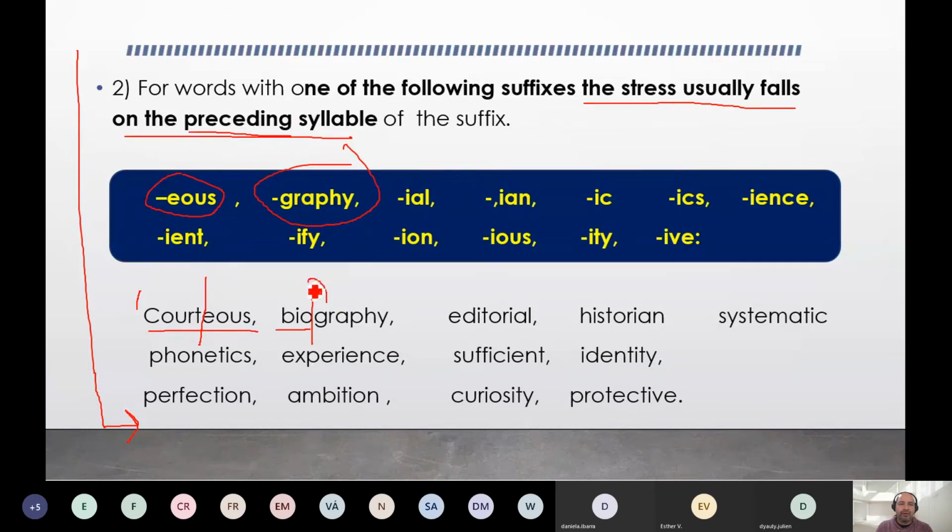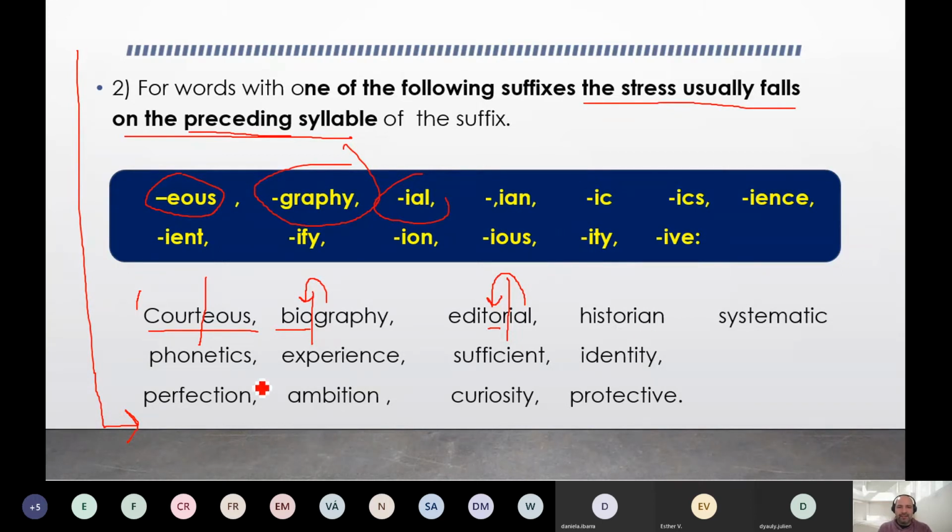So right before this is where we place the stress. In the case of editorial, right before the suffix, we place the stress, editorial. And that happens with all of the words which contain any of these suffixes, okay?